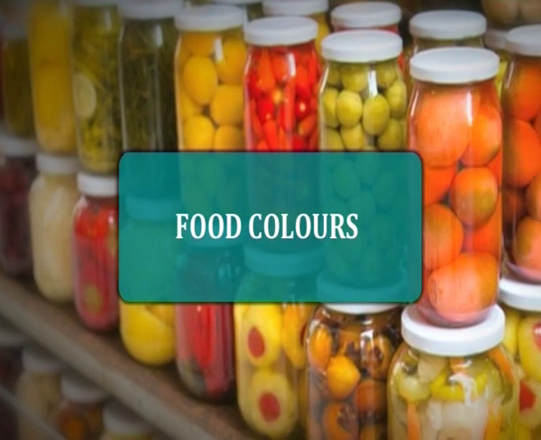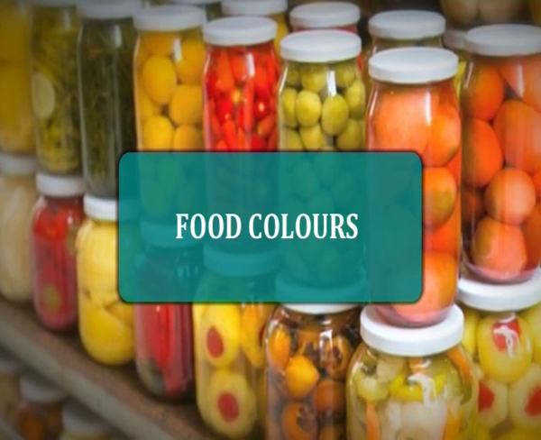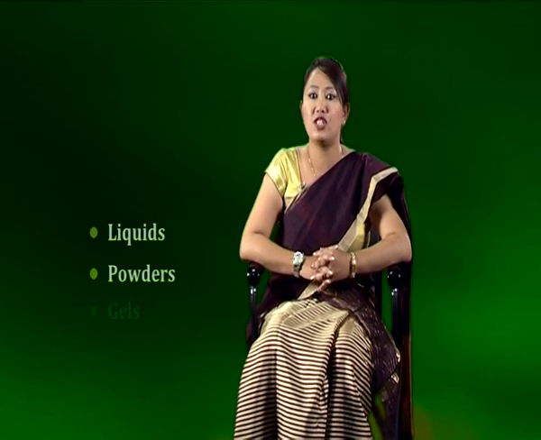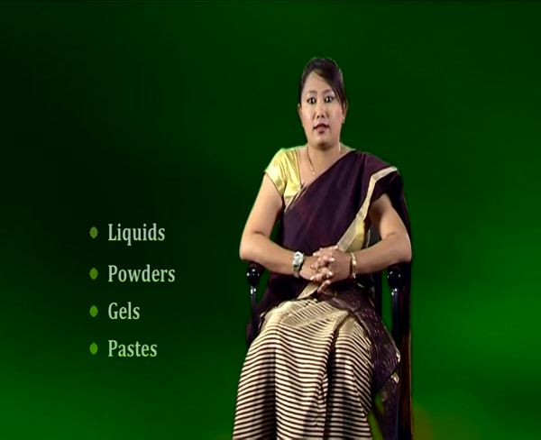Food colors. Food coloring or color additive is any dye, pigment or substance that imparts color when it is added to food or drink. They come in many forms consisting of liquids, powders, gels and pastes.